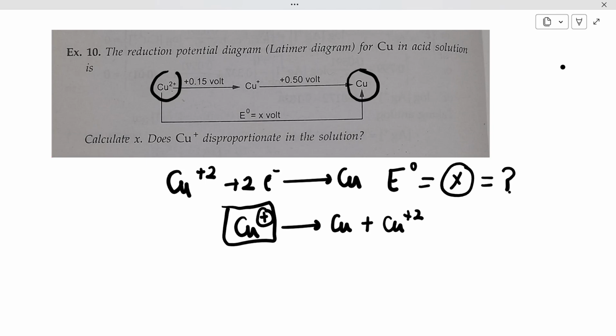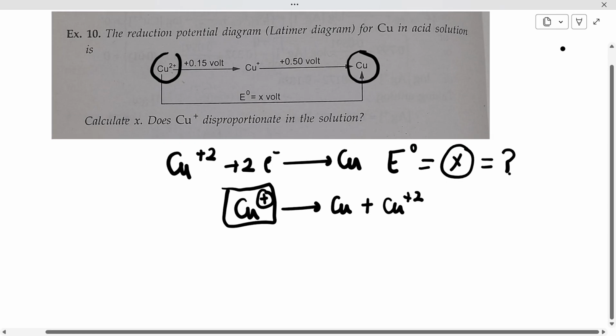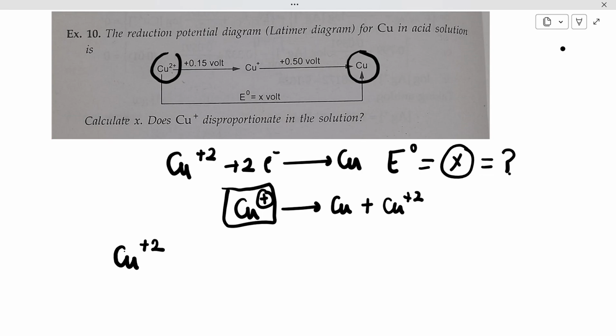So it's very simple. First of all, we can write down the reactions. In the first reaction, we can observe that Cu+2 gets converted to Cu+, and E naught is given as +0.15 volt.